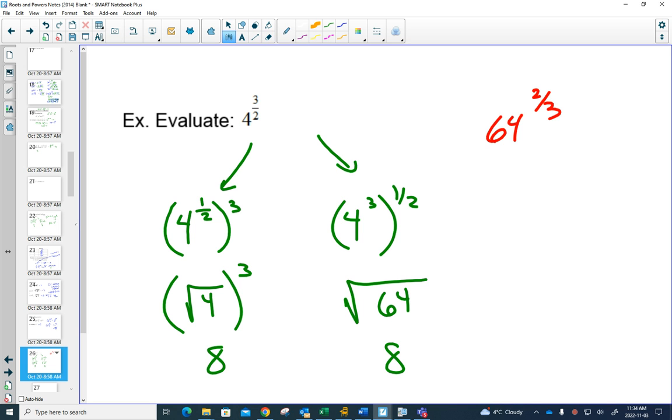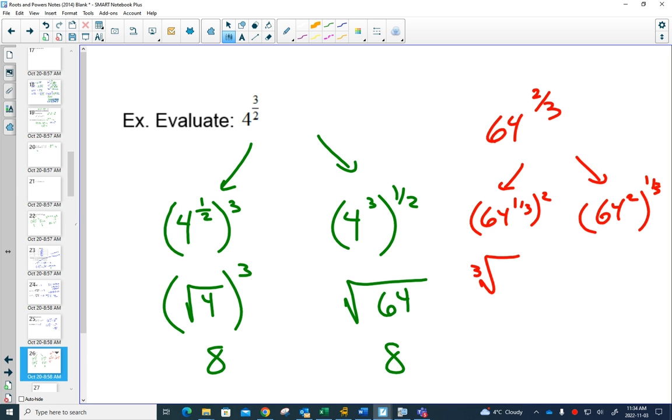Make the numbers a little bit smaller. Your options are either the 1/3 first and then squaring it, or squaring first and then the 1/3. Mental math, can you do the cube root of 64? 4. Good. And 4 squared is 16. Wonderful.